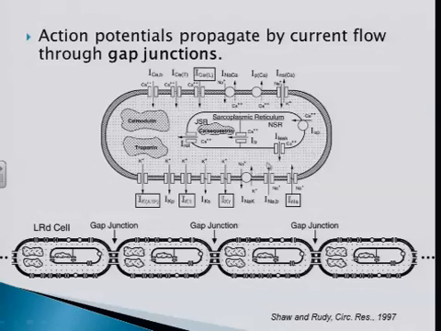So if you think about it as flow through gap junctions, you get this chain of cells here, where each one is an individual cell connected by a gap junction, and you can think of it as an ordered set of events.